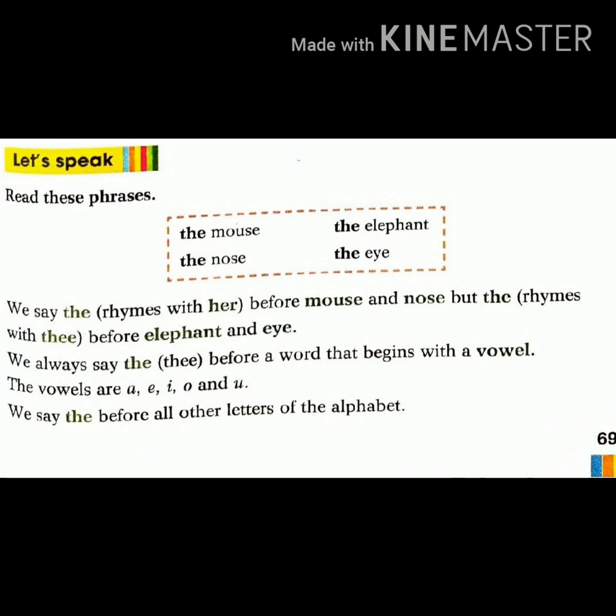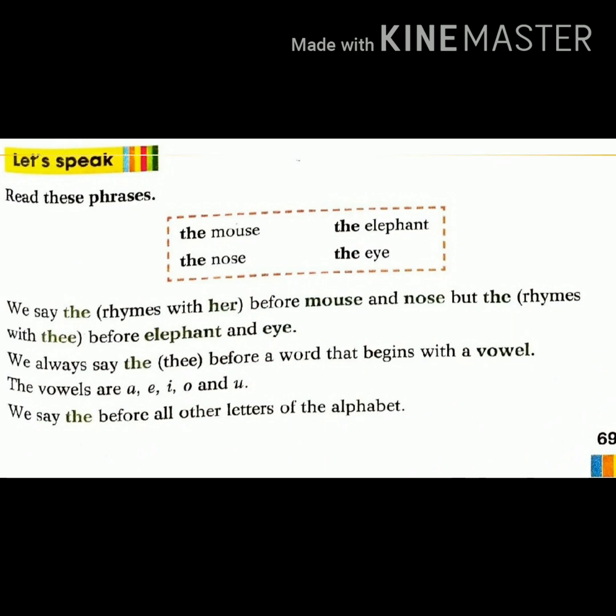We say "the" rhymes with "her" before mouse and nose, but "the" rhymes with "thee" before elephant and eye. We always say "thee" before a word that begins with a vowel. The vowels are A, E, I, O, U. We say "the" before all other letters of the alphabet. It means like a consonant sound. Be careful, it should be sound, okay?